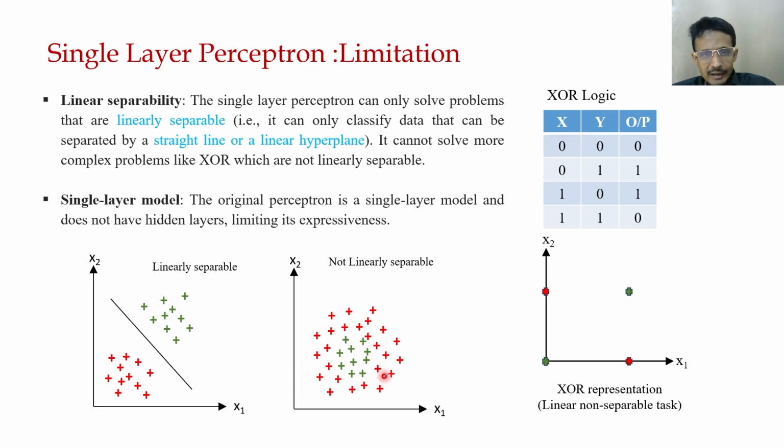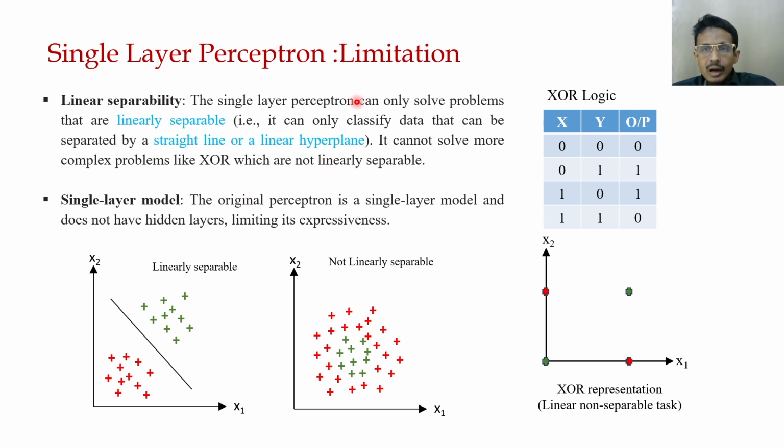In this diagram you can see the data distribution is such that there is no linear separator; no straight line is available that separates these two classes of points. This kind of problem a single-layer perceptron cannot handle.